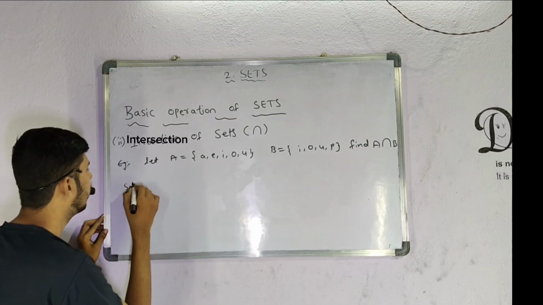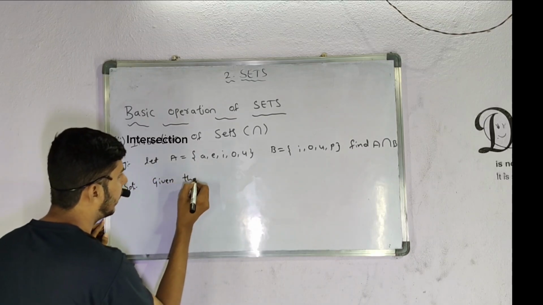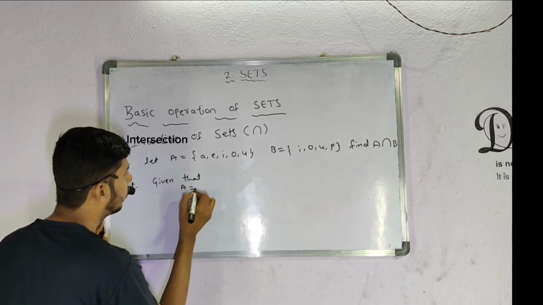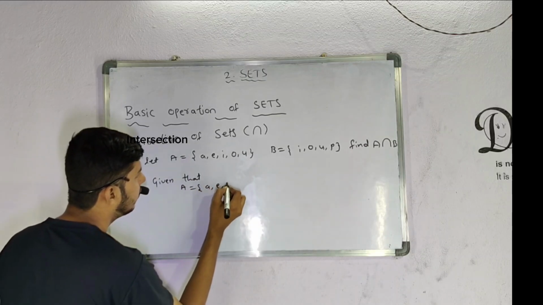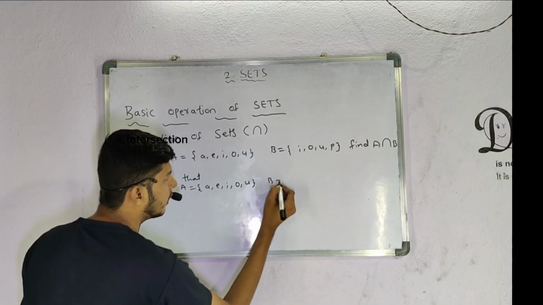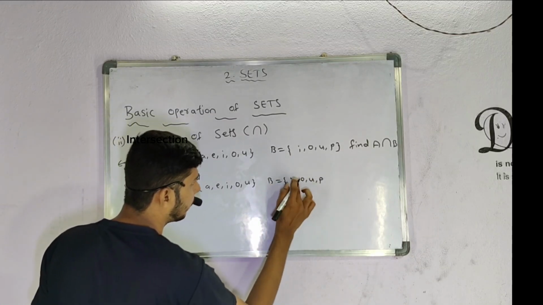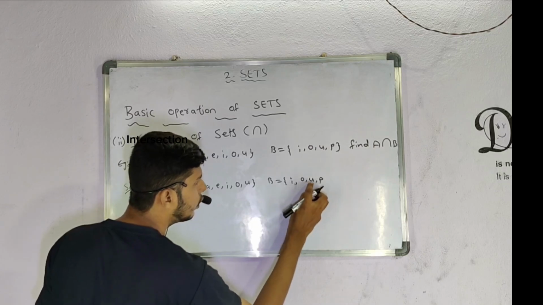Let's see the solution. First, what is given here? A equals A, E, I, O, U. What is the B set here? I, O, U, P.